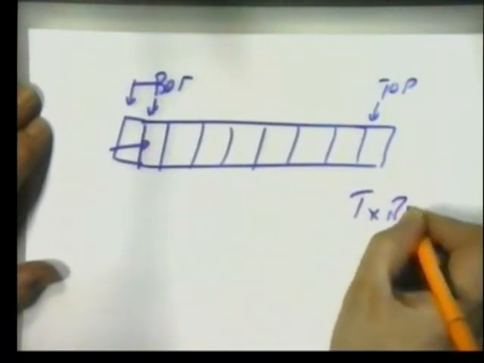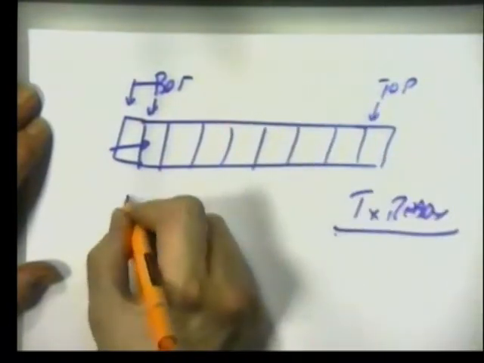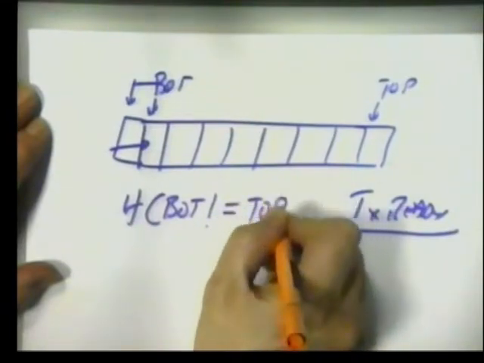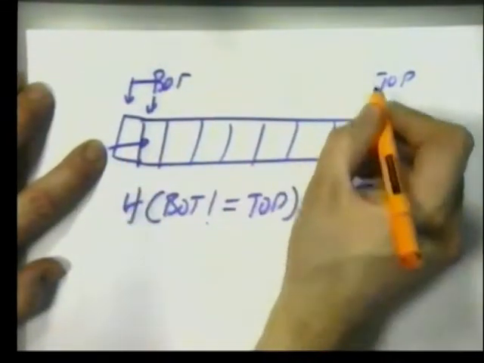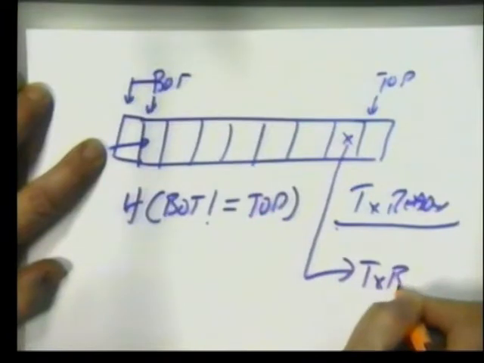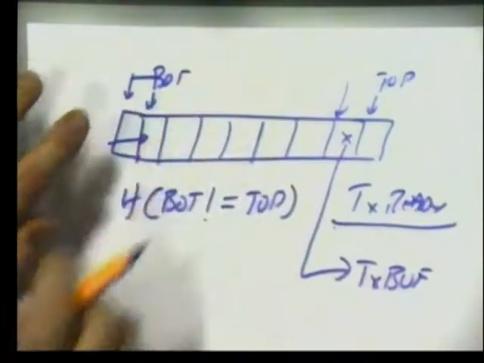Every time we receive a transmitter ready interrupt, our processor says, right, if the bottom is not equal to the top, that is, if there are some characters waiting to go, we grab the next character, write it to the transmitter buffer, and move the pointer down one. So whenever these two are equal, it means that there are no characters to go. And the only intervention of the processor is when we receive the transmitter buffer ready interrupt, we go off and say, are they the same? If so, nothing to be done.